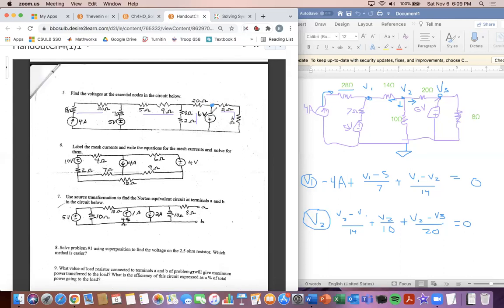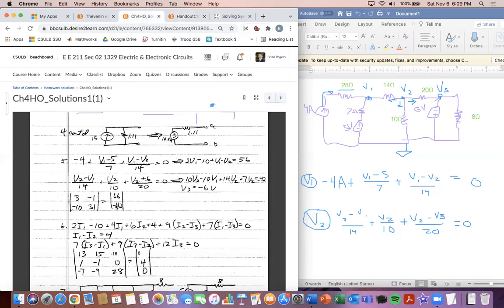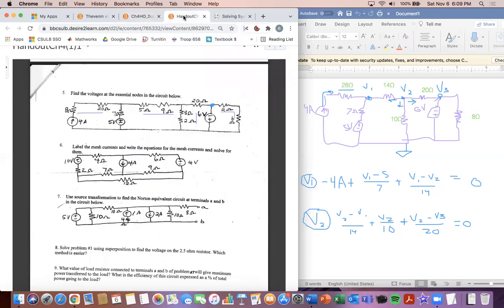Yeah, I think it's also -6, just like problem number 1. Let me see. -6. Okay, you guys are correct on that. I keep making that same error. So it's -6 volts because the negative terminal is at that side, not the positive terminal. So for your V3, it's going to equal -6 volts.